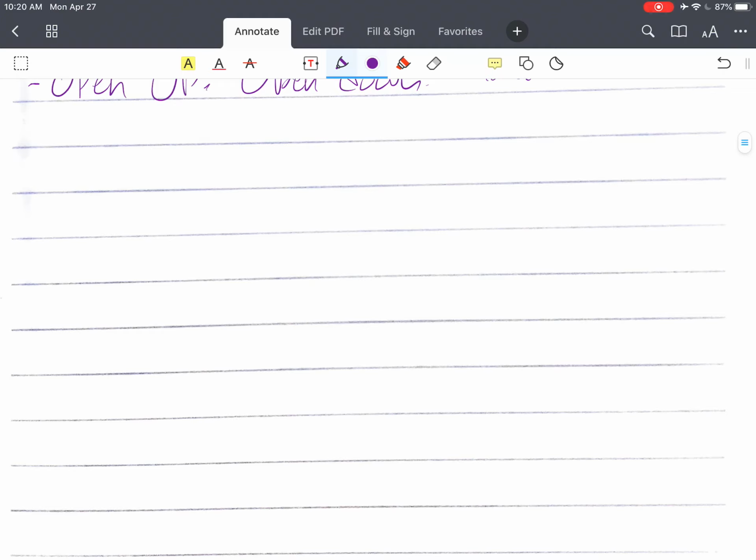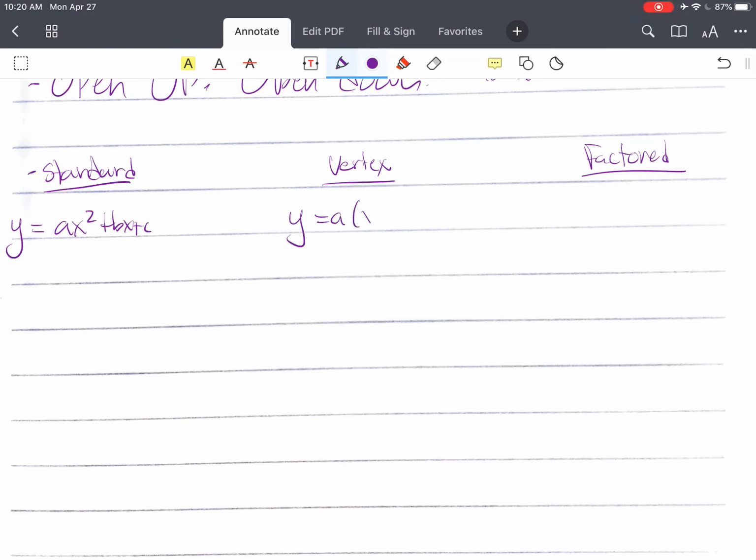So what we're going to do right now is take a look at the three different forms of equations of quadratics. We have standard, vertex, and factored form. If you forgot what they look like, that's fine, I'll write them again. y equals ax squared plus bx plus c.